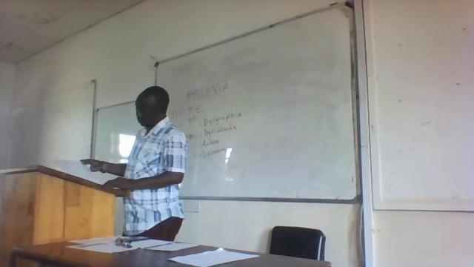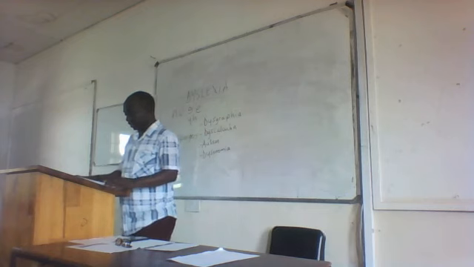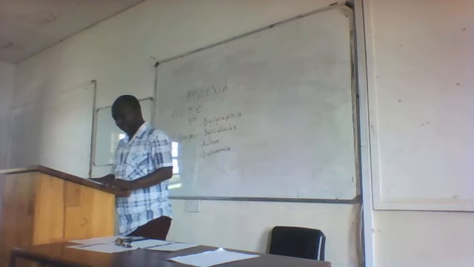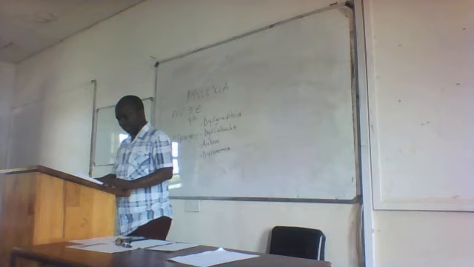Another example of learning difficulties, a student or students with learning difficulties, apart from the first one you have just said, specific learning difficulties. The second one is intellectual disability or mental retardation.